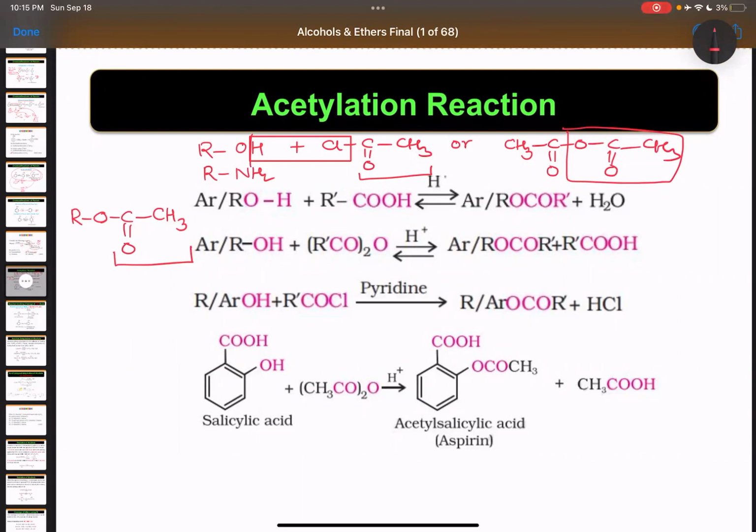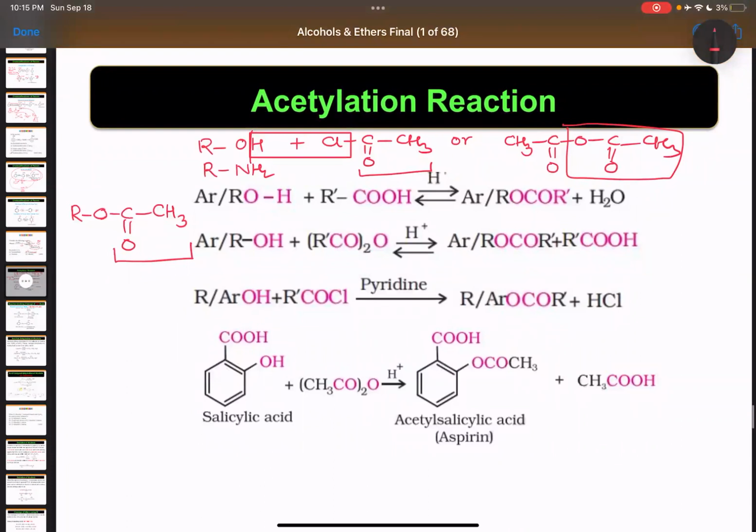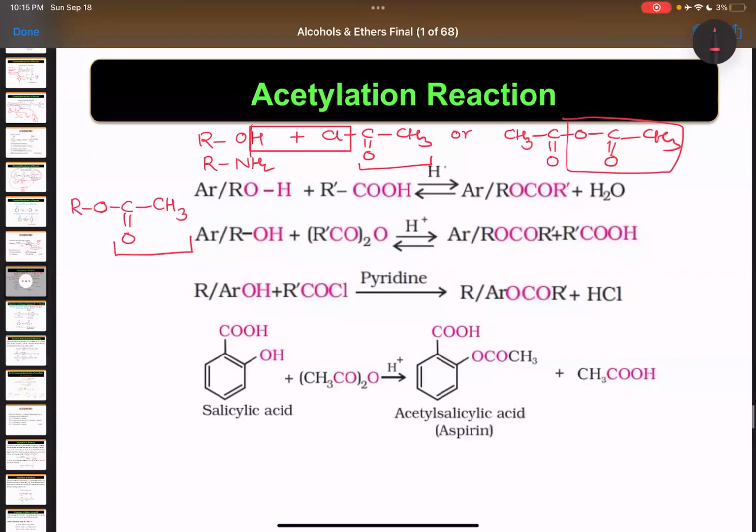And so what's the common use of acetylation? Preparation of aspirin. So how do you prepare aspirin? How do you prepare aspirin from phenol?